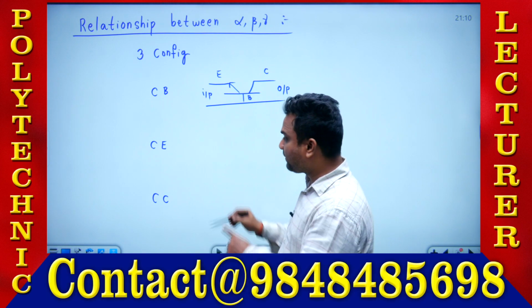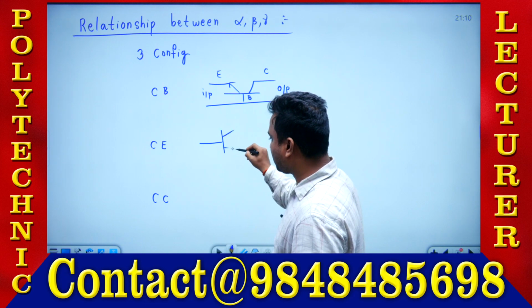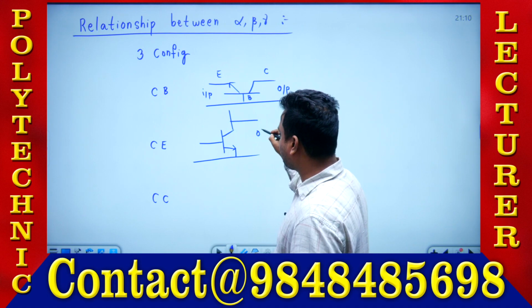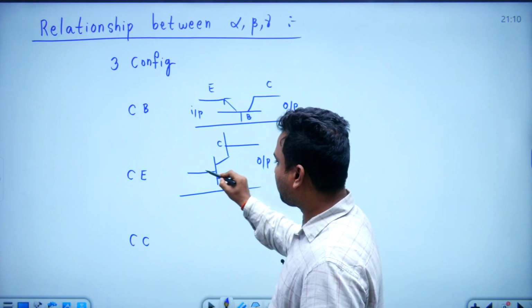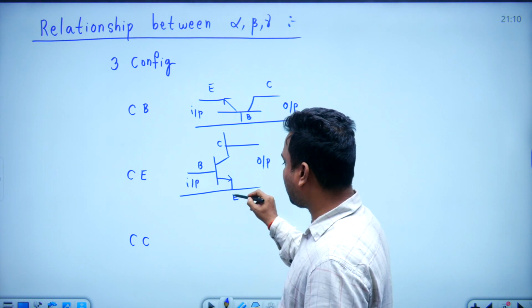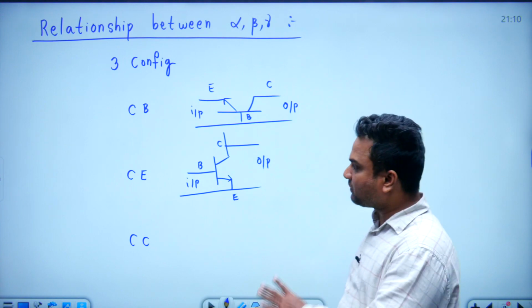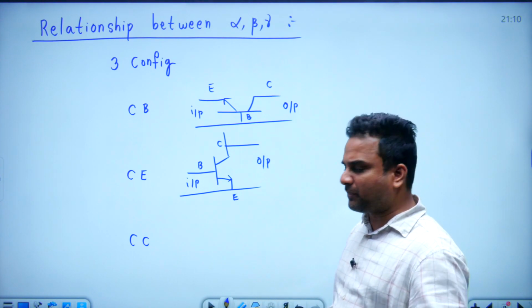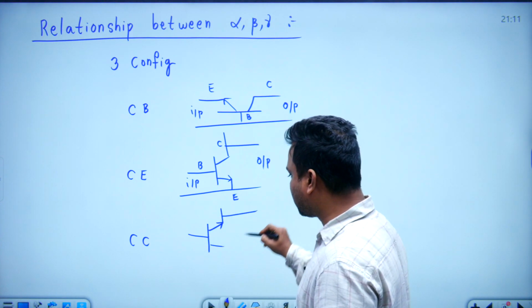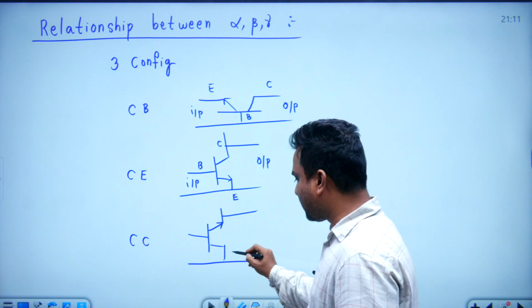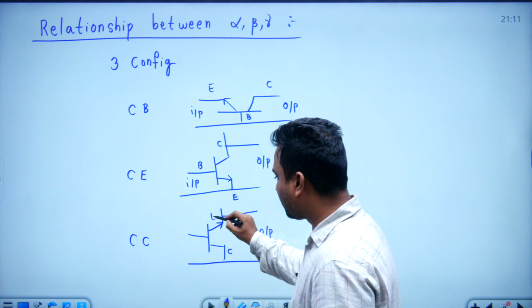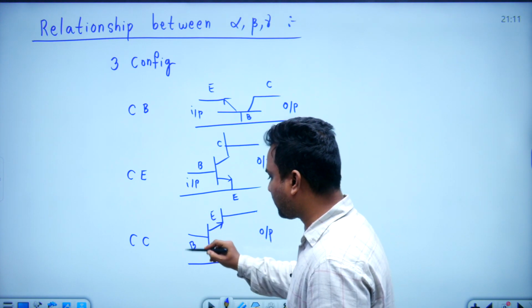Similarly, for common emitter, the circuit looks in this way, where collector is output, base is input and emitter is common for both input and output. This is what the common emitter configuration is. Similarly, the common collector configuration as well, where we measure the output across the emitter, collector is common, and base is the input.